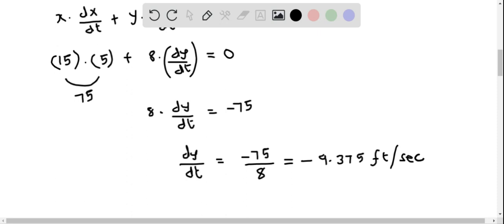So we see that the top of the ladder is slipping at a rate of 9.375 feet per second. This negative indicates that it is slipping down, it is not moving up.